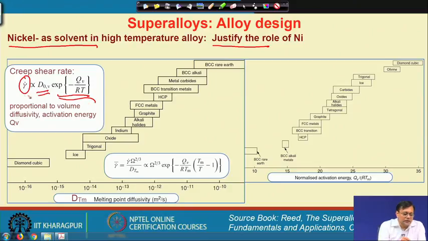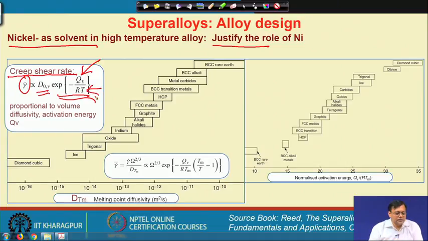So this creep shear rate shows a proportional relationship with the volume diffusivity and the activation energy. Here the activation energy is expressed as QV. So that is the volume diffusivity, the activation energy, and R and temperature.